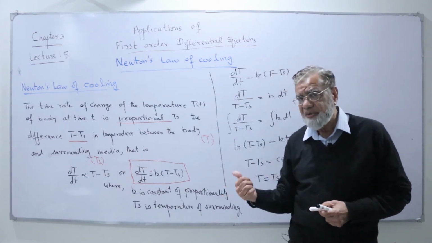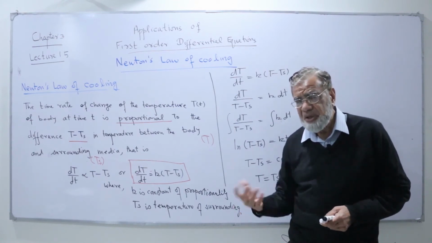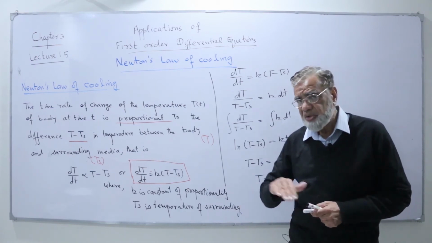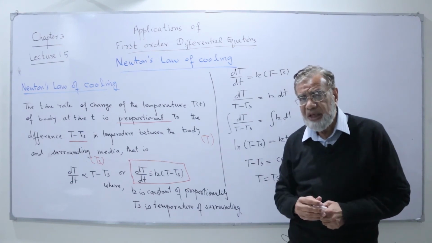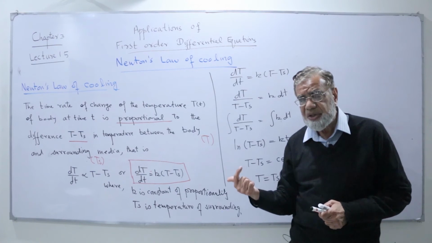That's my additional condition. Or it was 60, or say 50. Then we can calculate the time to reach a certain temperature, or how much temperature it will reach in a given time. Both ways we can solve our problem. So the main thing is we need two conditions, the initial condition and the additional condition.